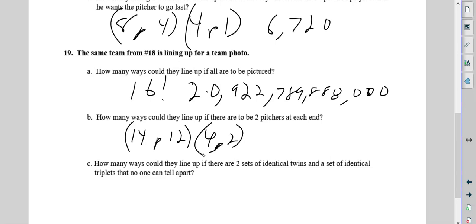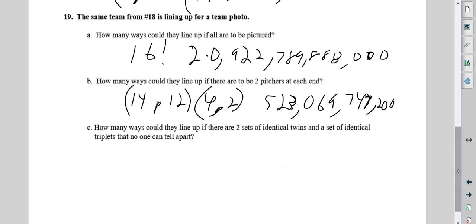This is just a shortcut to that same process we did at the beginning. Okay. That ends up being 523,069,747,200. Again, that could be done with slots, but it'd be pretty large, filling it in.